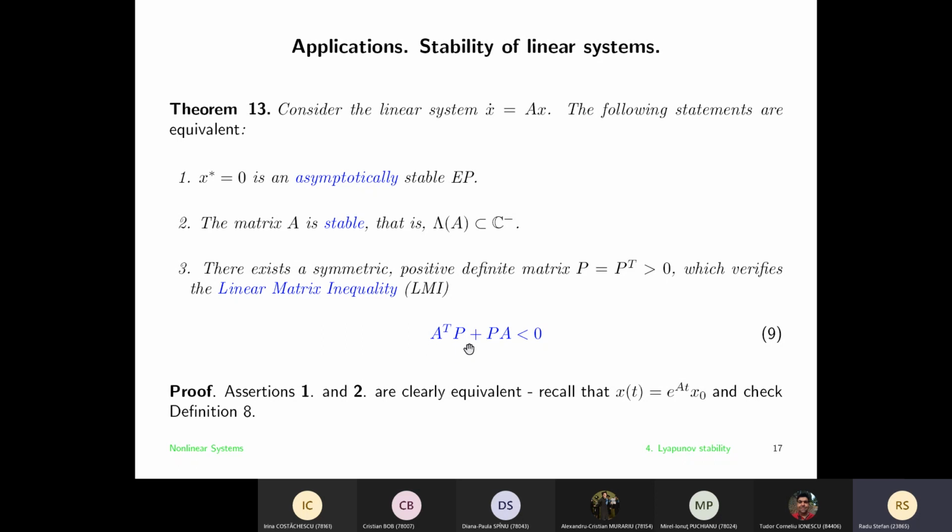A is given, P is to be found. And this type of inequality played a huge role in control system theory, not only in linear systems theory, but also in nonlinear systems theory. And the problem was that no one knew how to solve that.